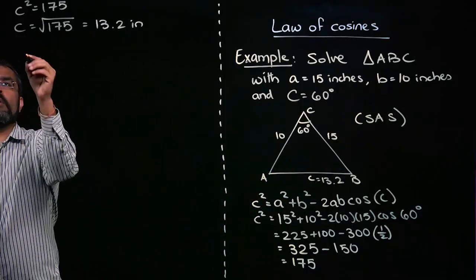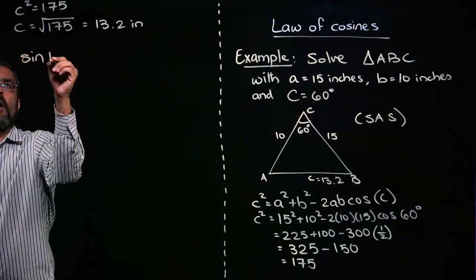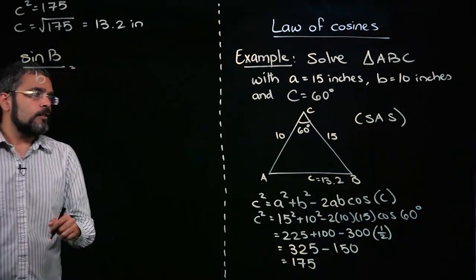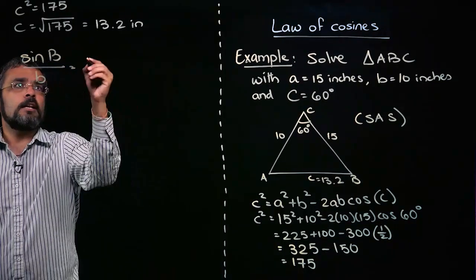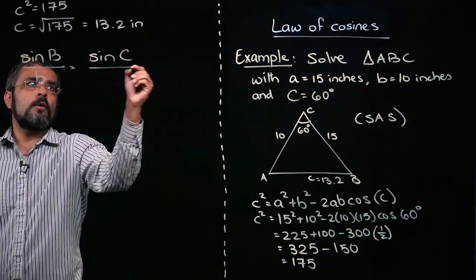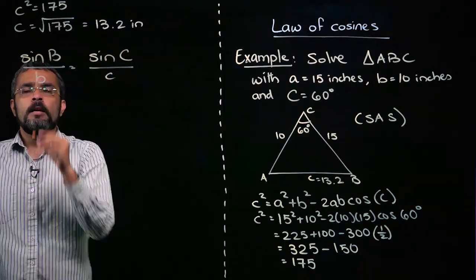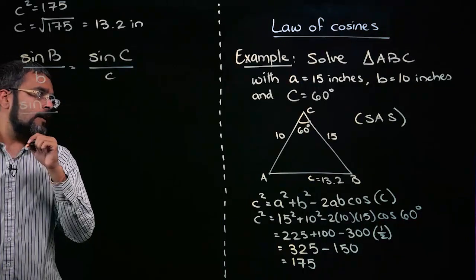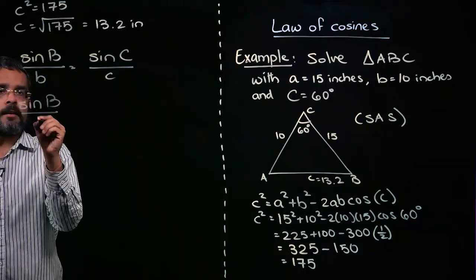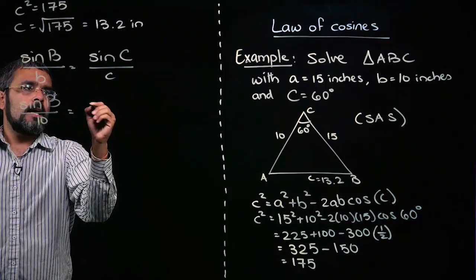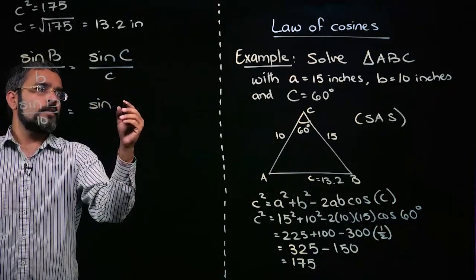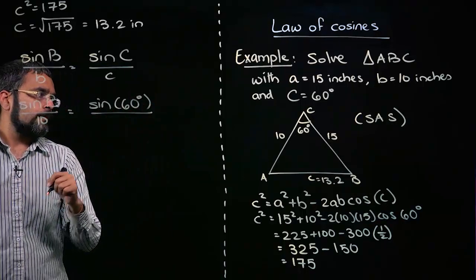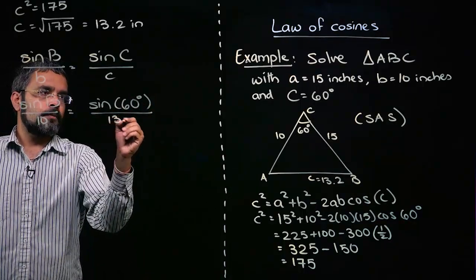So we know that sine of B over b, and that is going to be sine of C over c. So then I have sine of B over, we just found b was how much? b was 10, equals sine of C, which is 60 degrees, divided by 13.2.